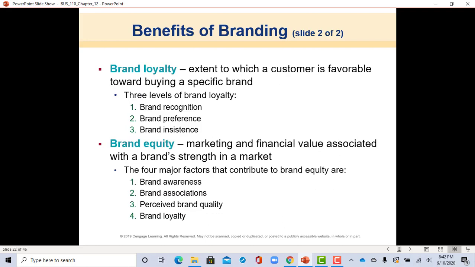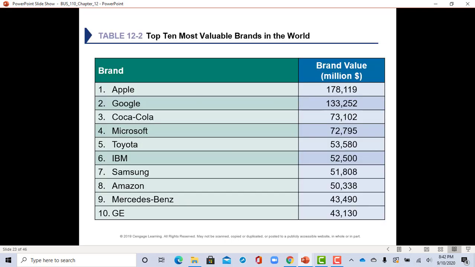The stronger the brand loyalty, the greater the likelihood that buyers will consistently choose the brand. Brand equity represents the value of a brand to an organization. And here's a list of the top 10 most valuable brands in the world.